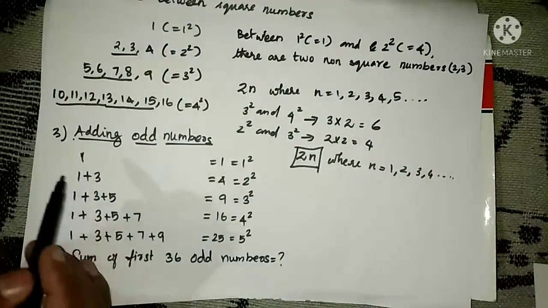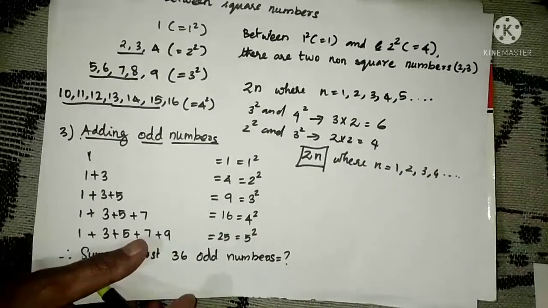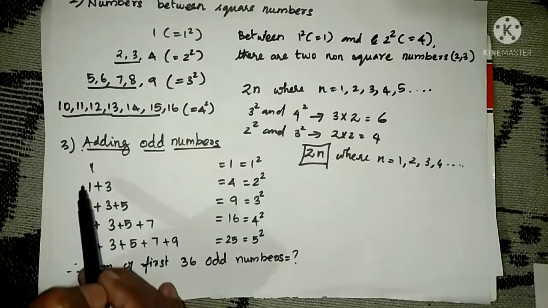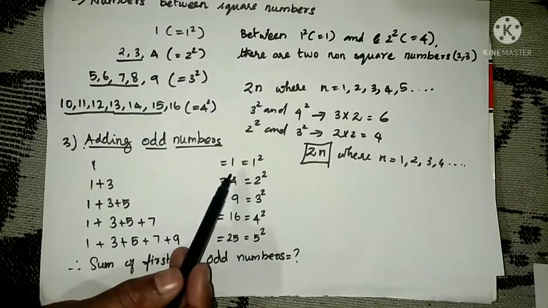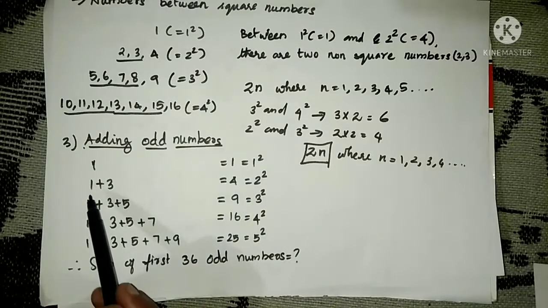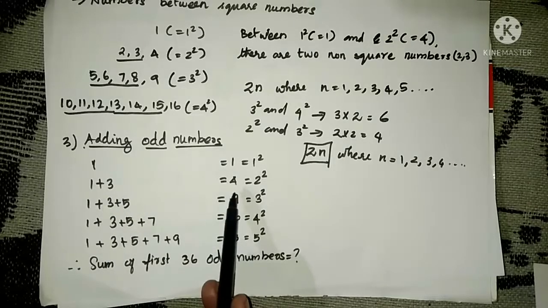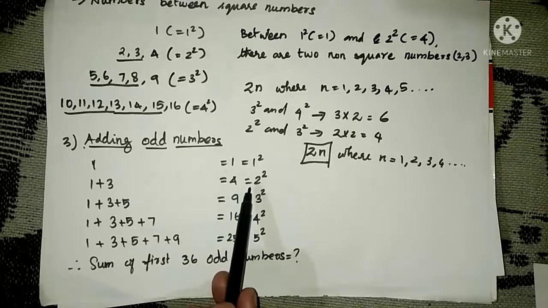Another pattern, the third one, adding odd numbers. First, 1 is equal to 1 square. When we add odd numbers, 1 plus 3, the first and second odd numbers, that is equal to 4. It is 2 square.